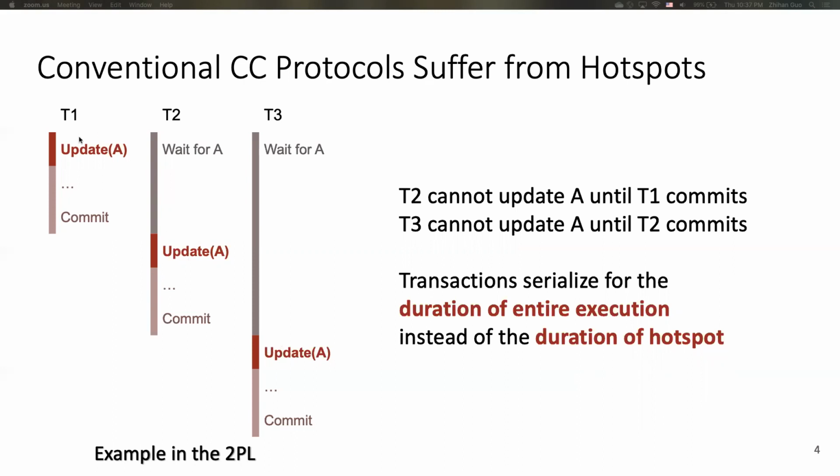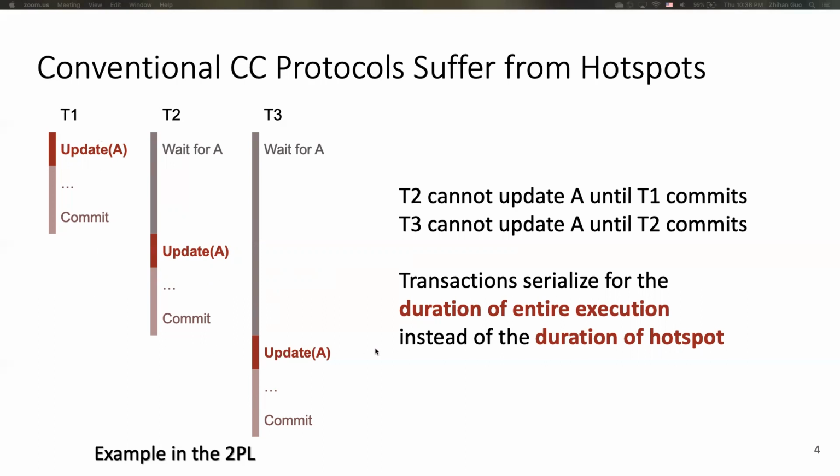Assuming we're using two-phase locking, T2 has to wait and cannot update until T1 commits, and T3 also needs to wait until T1 and T2 finish their entire execution. Though they only conflict on a single data item, they enjoy no parallelism and are executed in a serialized fashion.